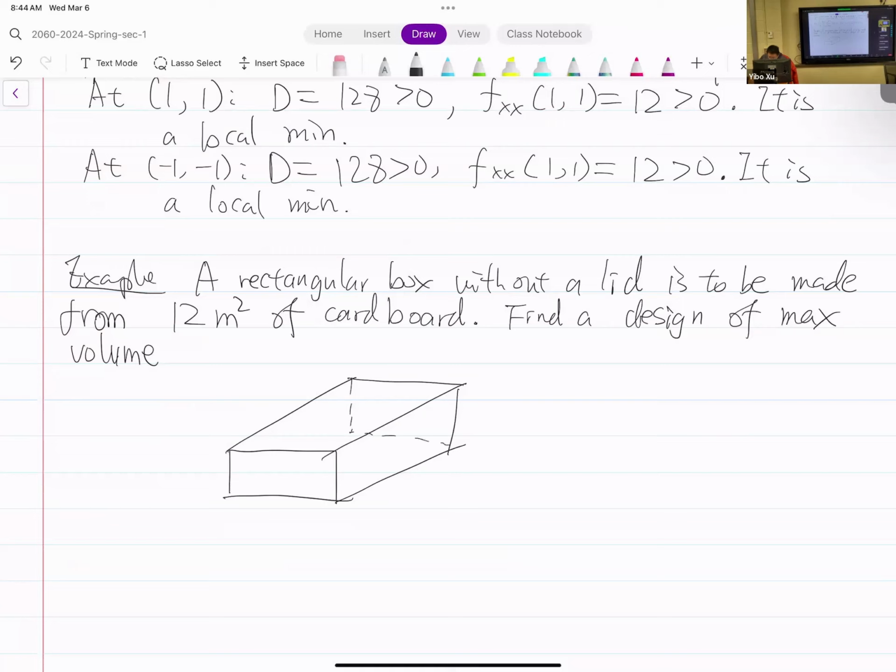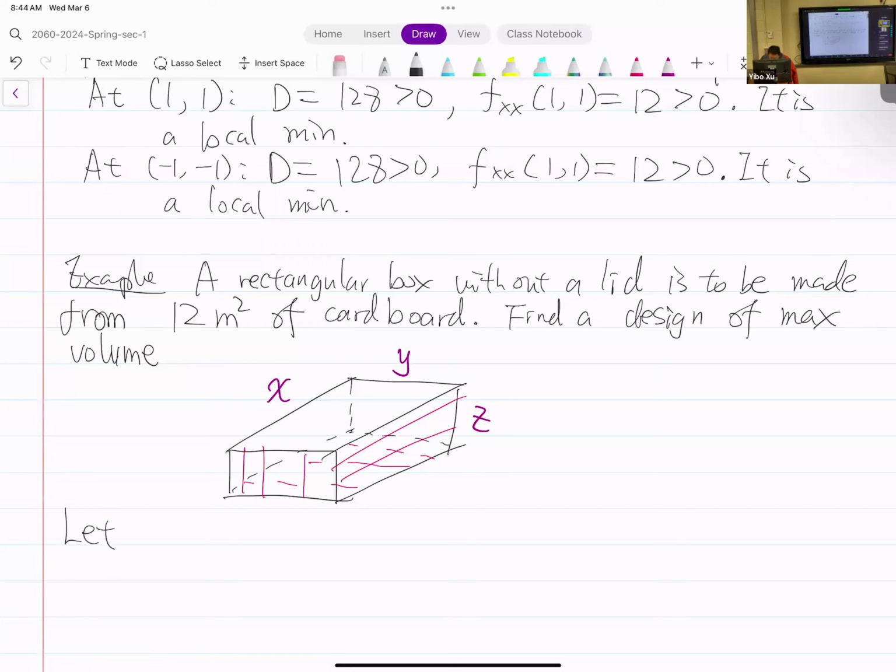And we have front and back, left and right, and the bottom that we want to cover, but not the top, okay? And bottom. So here, let's denote the length of the box to be x, the width of the box to be y, and the height to be z.